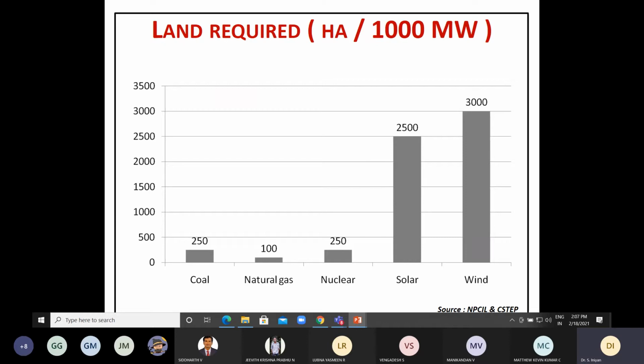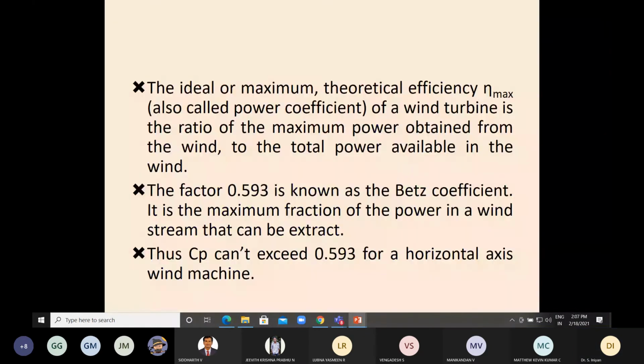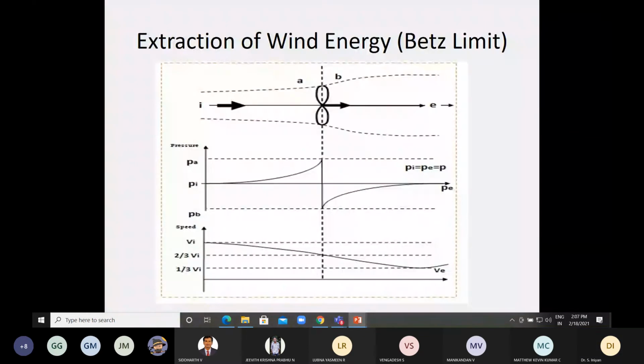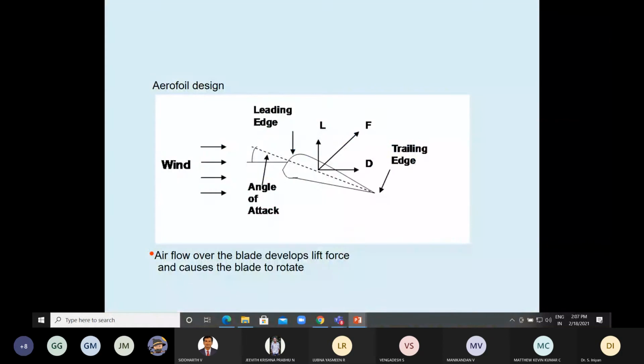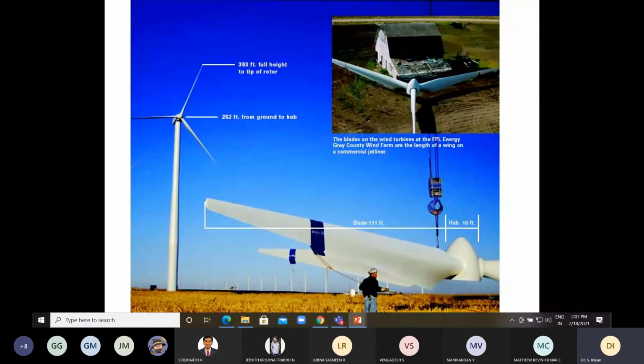Can you show the slide again? One second. Okay, see the slide.